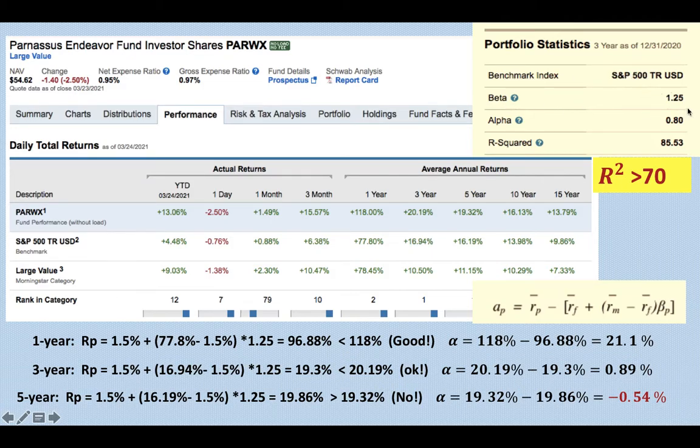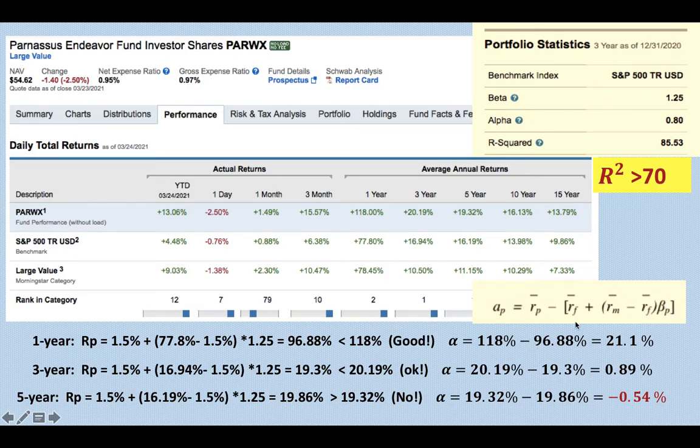The beta is 1.25, alpha is 0.8, and R squared is 85.53. First, R squared is greater than 70, so yes, we can use the beta to evaluate the return. Also, you can see they give you alpha here.